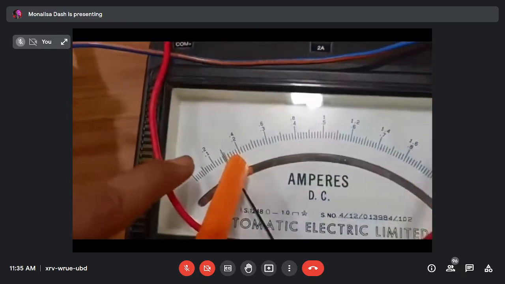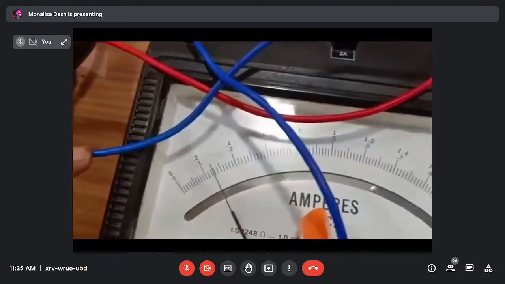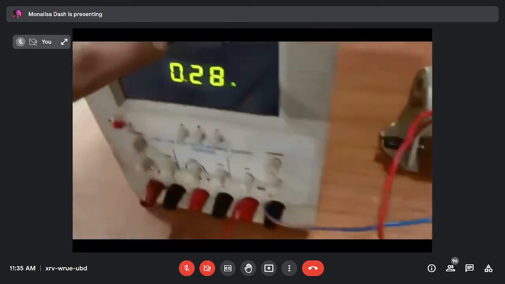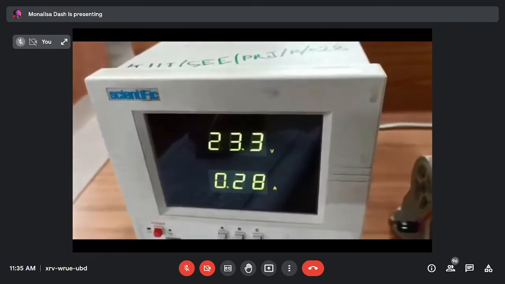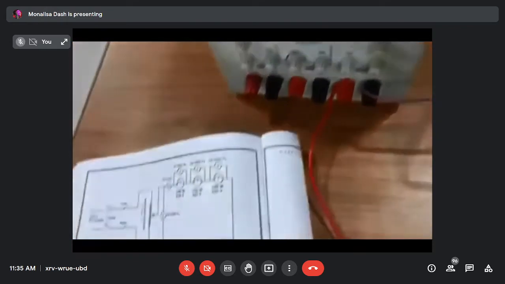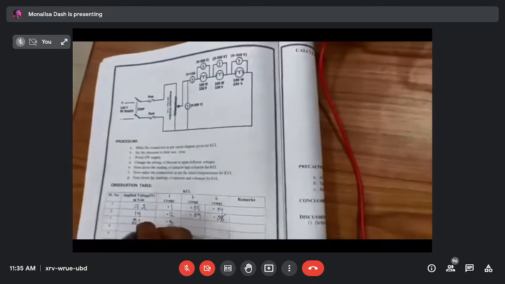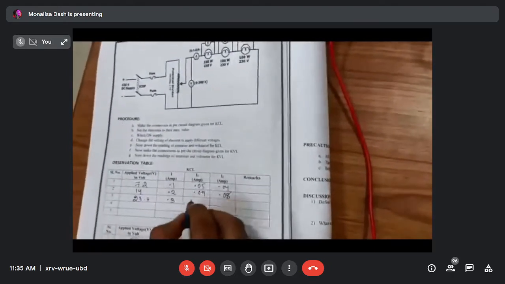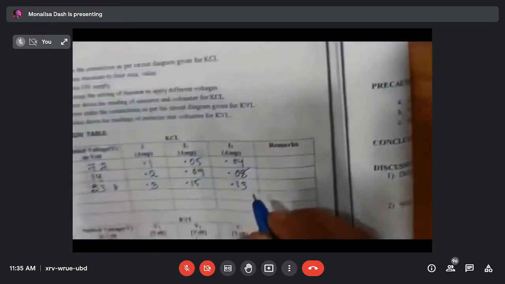This one is 0.15. This one is 0.13. Total supply voltage is 23.3. Approx this is 23. 23.3, and this is 0.15, and this is 0.13.